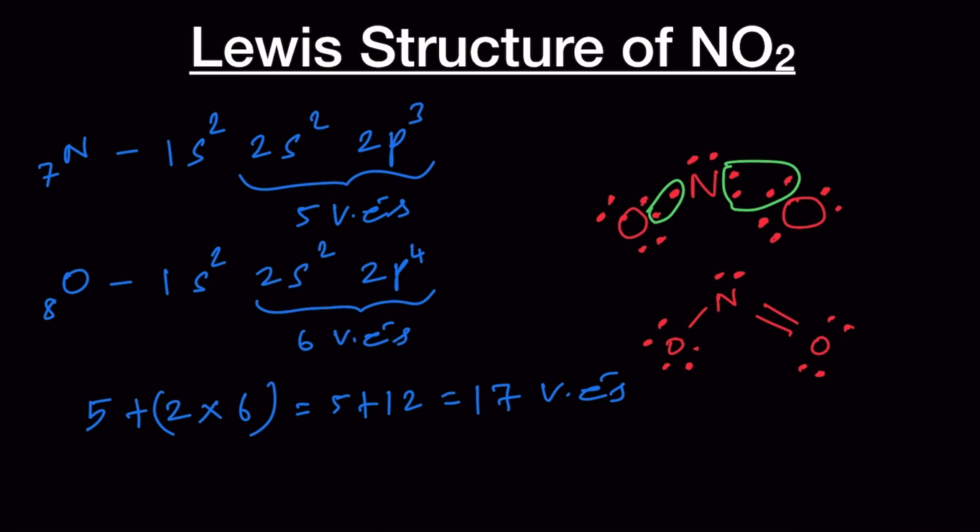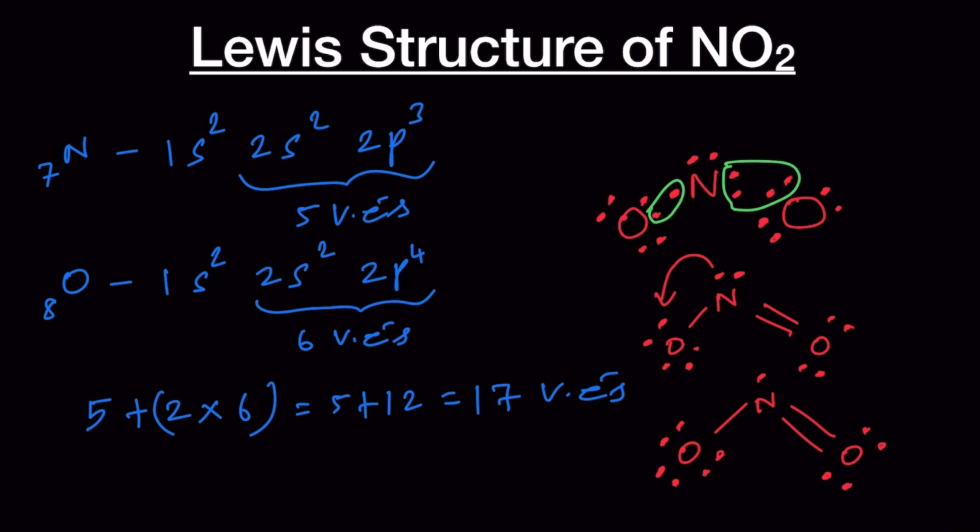Now, this is not the best Lewis structure for NO2 because oxygen is in general more electronegative than nitrogen, and this means that we have to move 1 electron from the nitrogen atom to the oxygen atom, so that the oxygen atom will have 8 electrons around it and the nitrogen will have 1 electron on top of it.